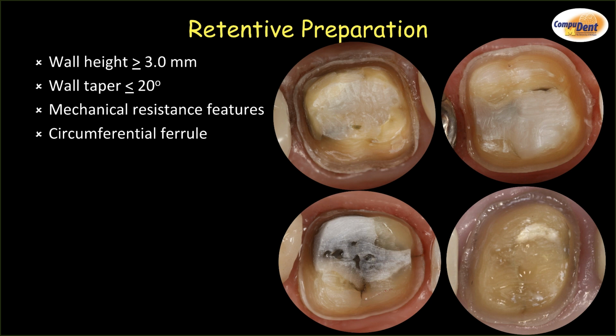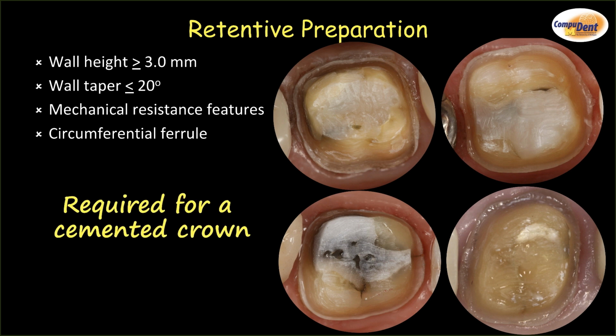The other thing to keep in mind is that this retention needs to be circumferential. It's not going to be taken care of by just 1 or 2 surfaces of the tooth. It's dependent on the least retentive aspect of the tooth. Now, if you can develop these things in your preparation, you should have good retention, and there's no reason you shouldn't be able to cement it as long as the material allows it to be cemented.